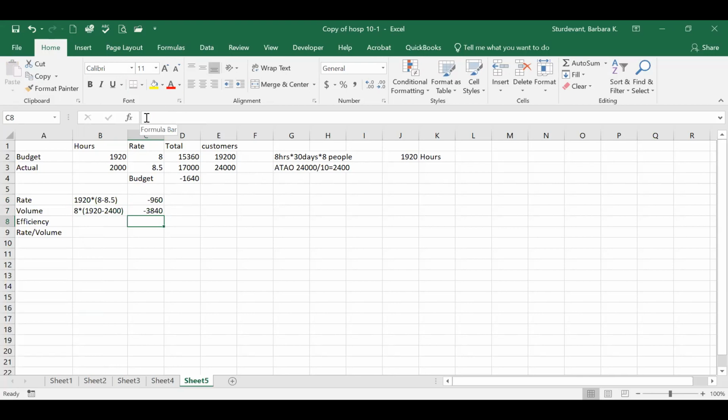Efficiency, of course, is the most important one. So in the parentheses, your actual hours compared to the ATAO, which I did wrong.